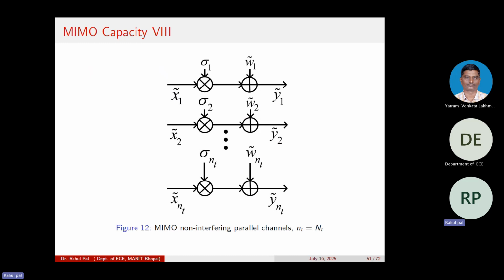Now you can see the figure. In this figure, you get a number of channels, and each channel is independent from the others.